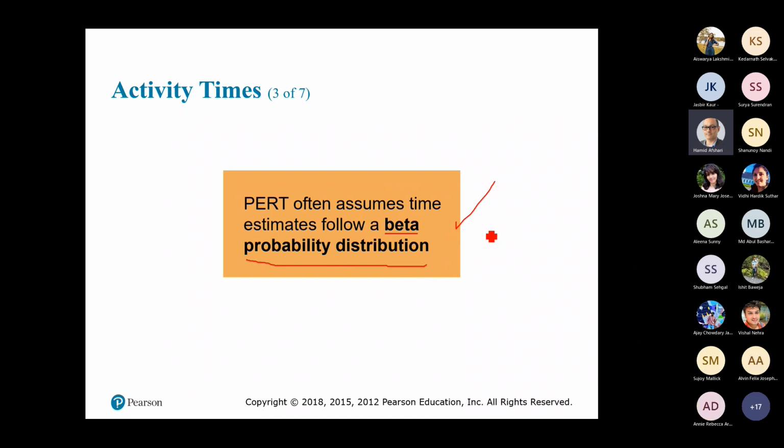The value is that the average of the time and also the standard deviation of the time are based on the beta probability distribution. So I'm going to use the formulas of the beta distribution in order to calculate the average and standard deviation of activities. That's the value of that.